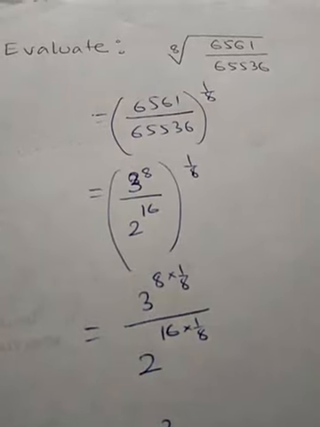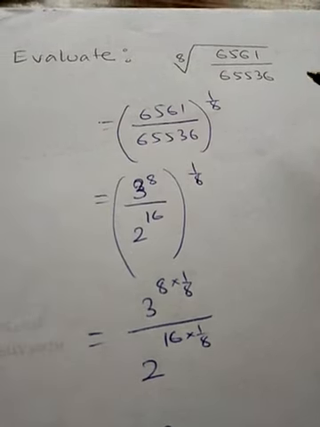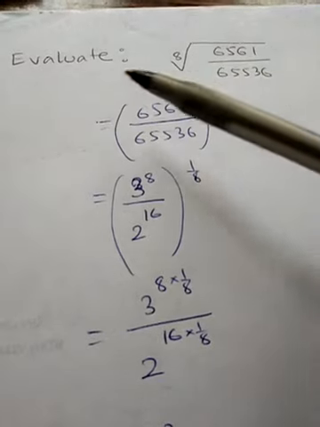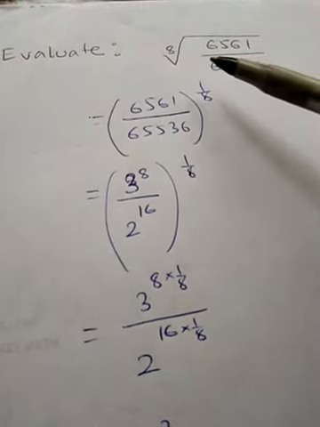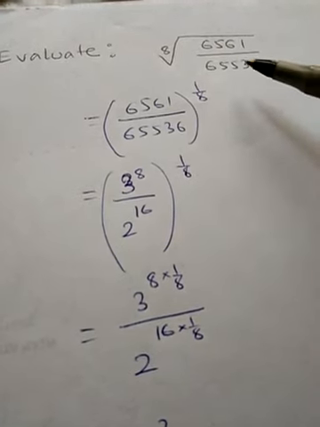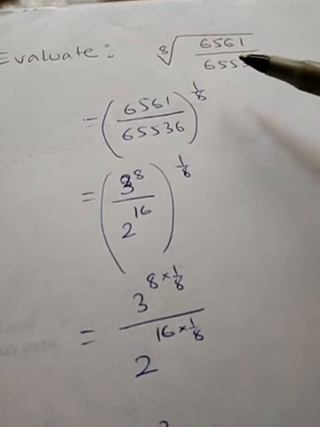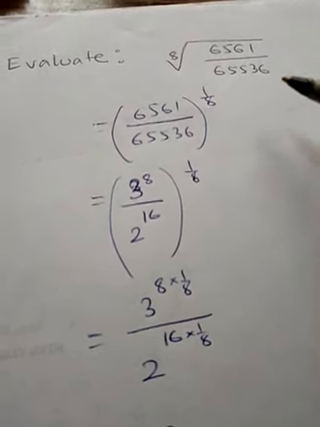To use the laws of exponents, we have taken some examples here. This is one question. You have to evaluate the 8th root of 6561 by 65536. To simplify this, first of all we have to convert this number to exponential form.